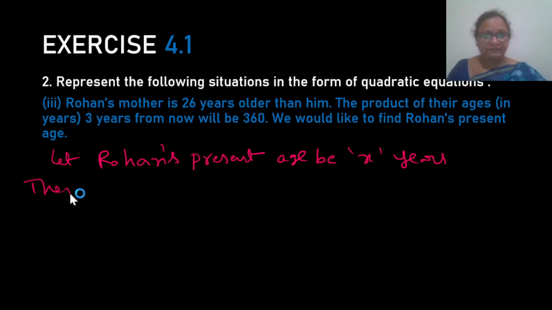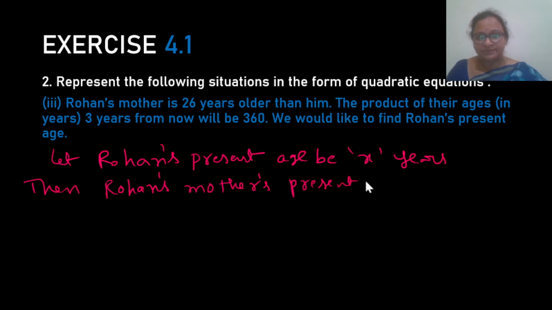Then Rohan's mother's present age is equal to, she is 26 years older than him, x plus 26 years.